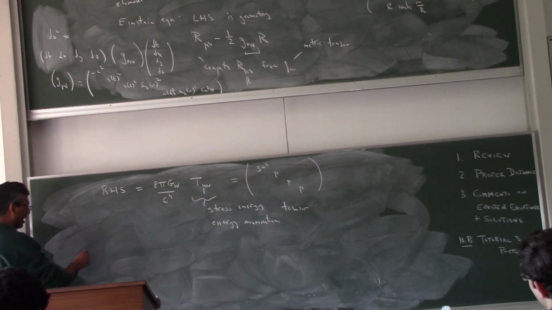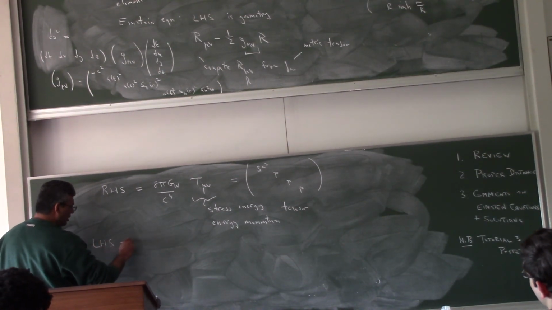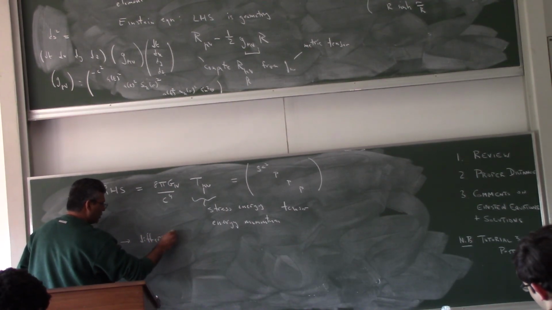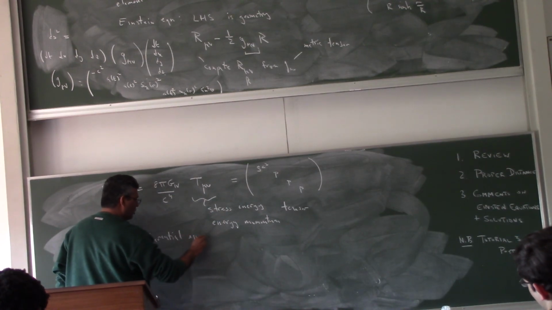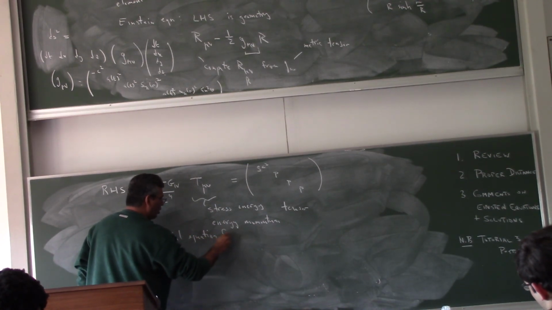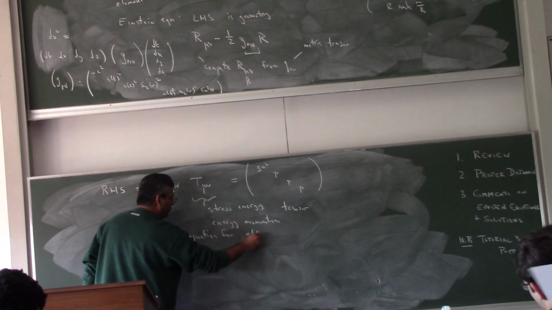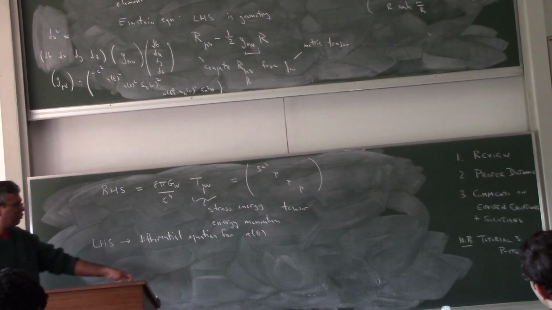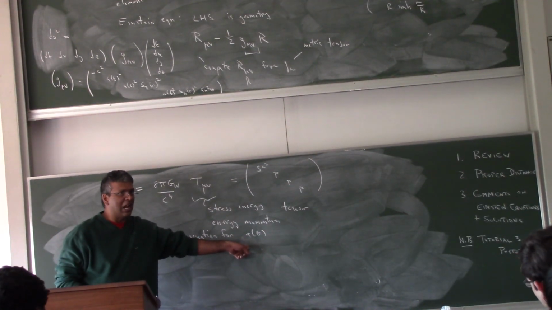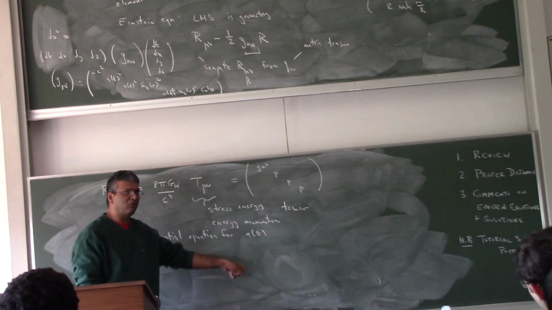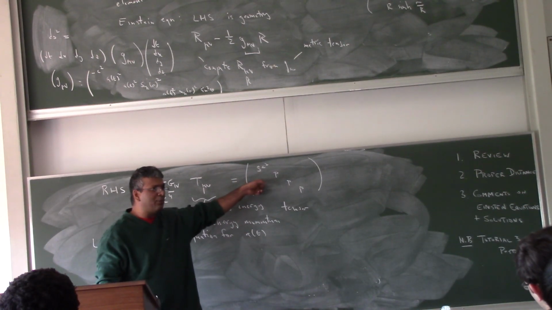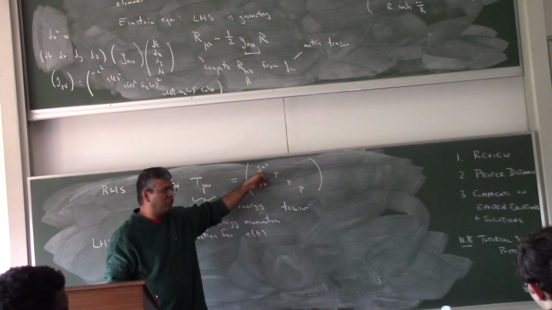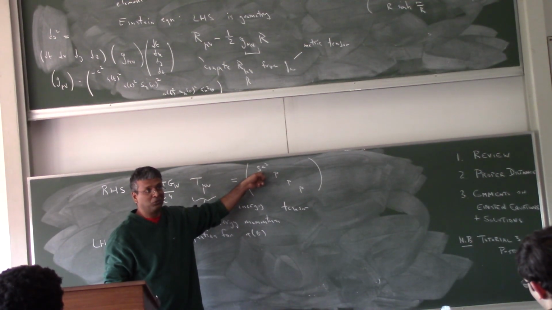Now, the left-hand side gives us a differential equation for the scale factor, a of t. So next week, we'll discuss what this differential equation is, and then in subsequent weeks, you'll solve this differential equation with various assumptions for what the pressure and the energy density are. The pressure and the energy density are dependent upon what stuff is in the universe.